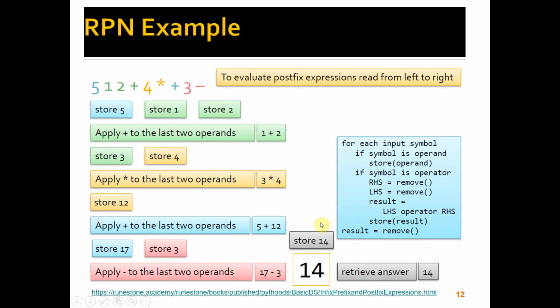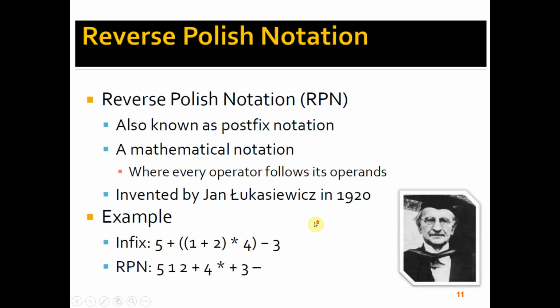Okay, so our stack becomes empty for the next expression that we want to evaluate. So this is the answer number 14, and you can double check that if you do the infix operation, you get exactly the same thing. 1 plus 2, 3, multiplied by 4, 12, 5 plus 12, 17, minus 3, 14.